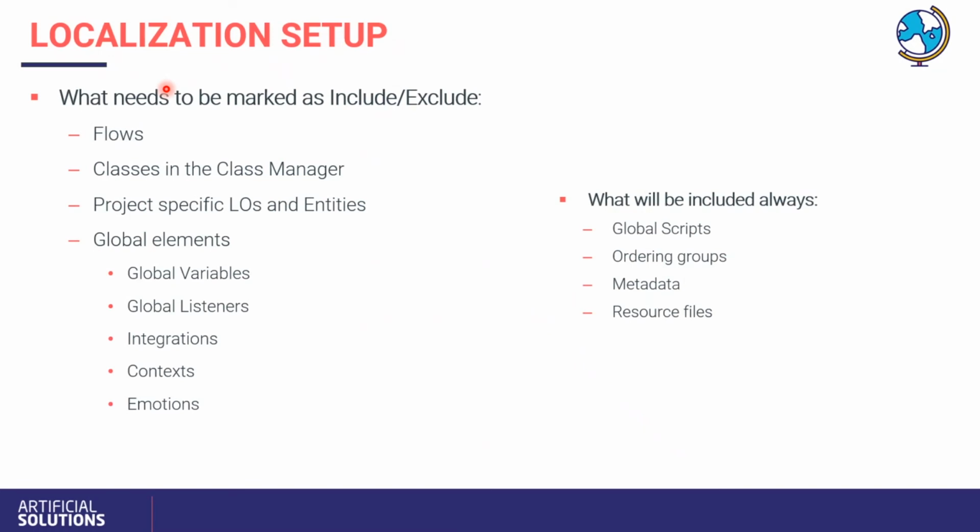And then there are things that will always be included, such as global scripts, ordering groups, metadata, and resource files. Okay, so those are not elements that you can choose to hold back from the local solutions. They will be there. But for instance, a flow or a class or a language object, you can decide if they should go to the local solution or not.